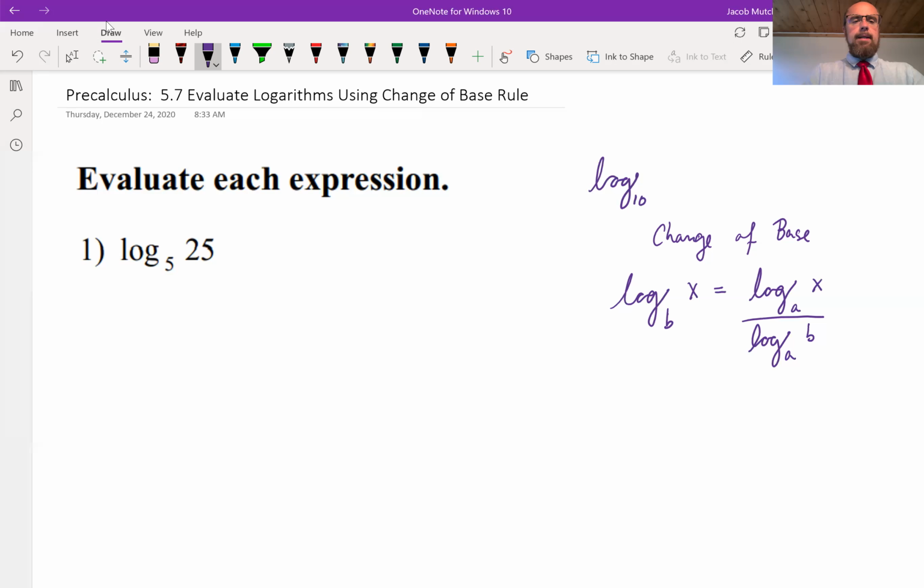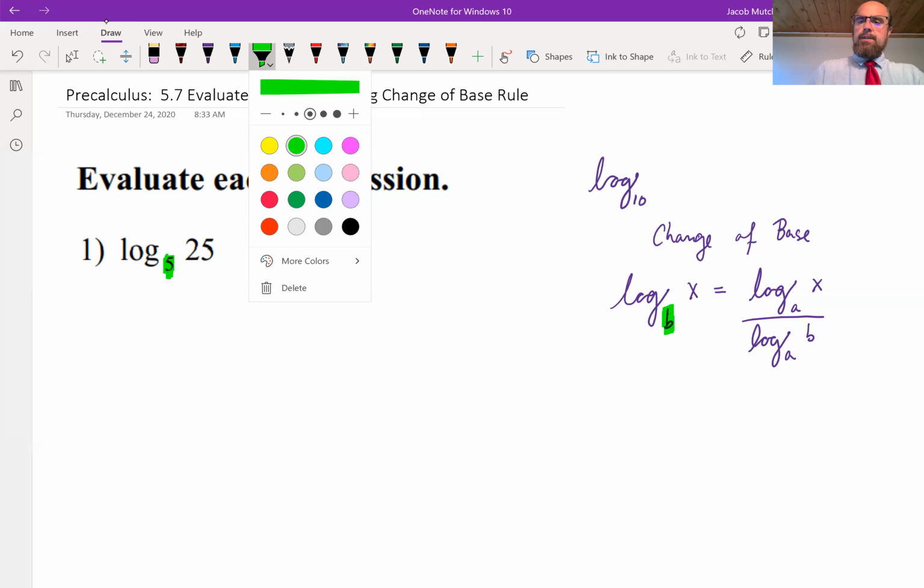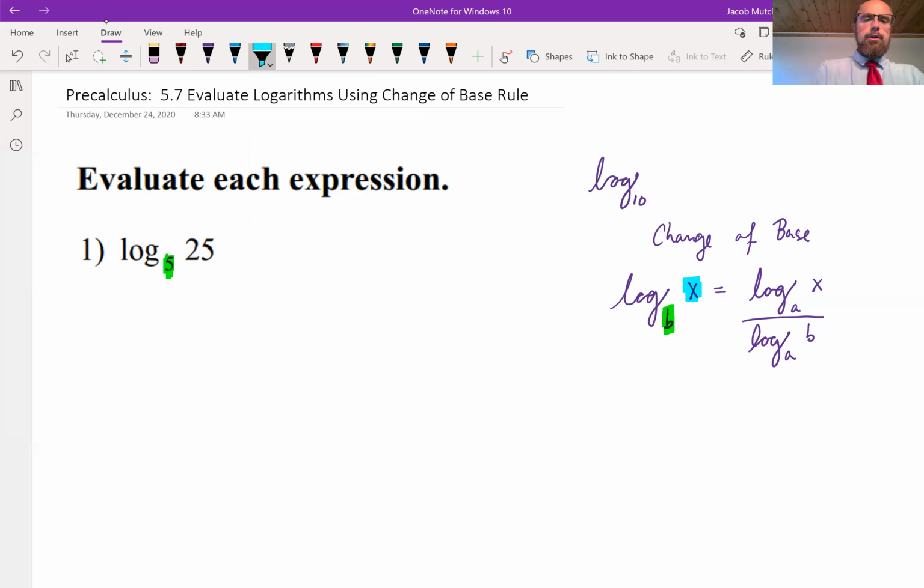If I've got log base 5 of 25, if I just identify my pieces, my b from the original base is going to be 5. And my x that I see here as my original argument is going to be equivalent to 25.